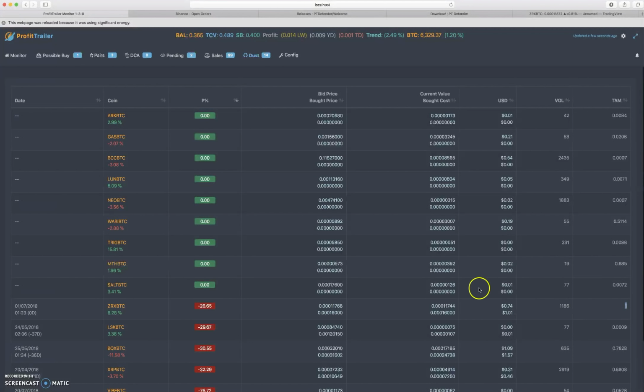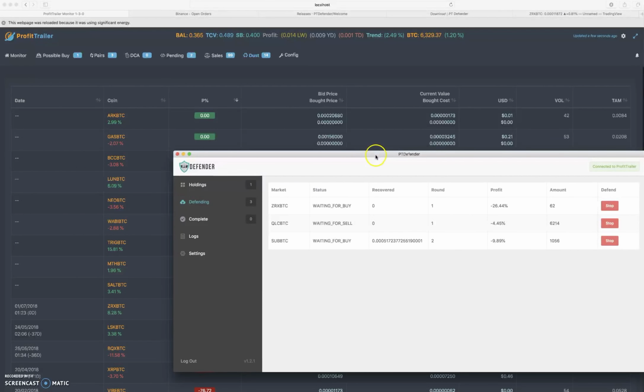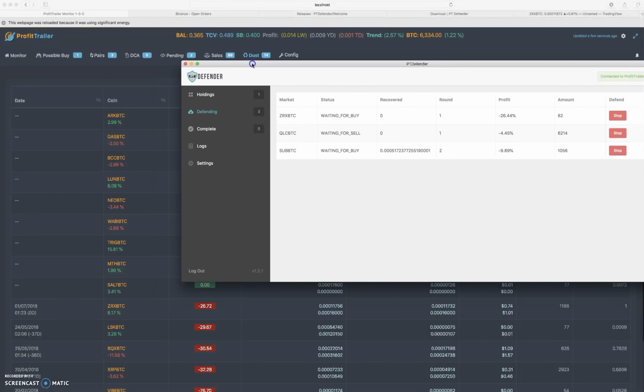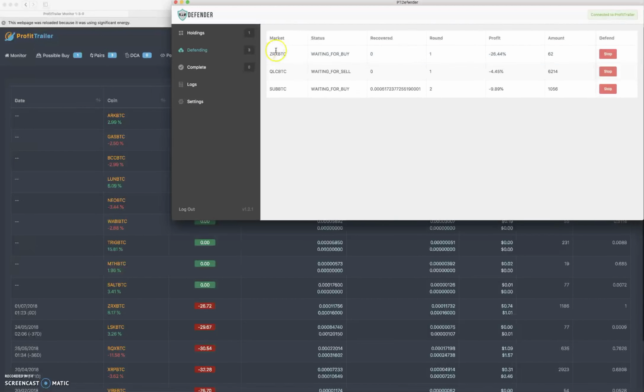This is extremely important. So what PTDefender is now doing is it is waiting for the buy on ZRX. So all it's doing in this stage is waiting for Profit Trailer. A lot of people are asking me, why is PTDefender not buying my coins?